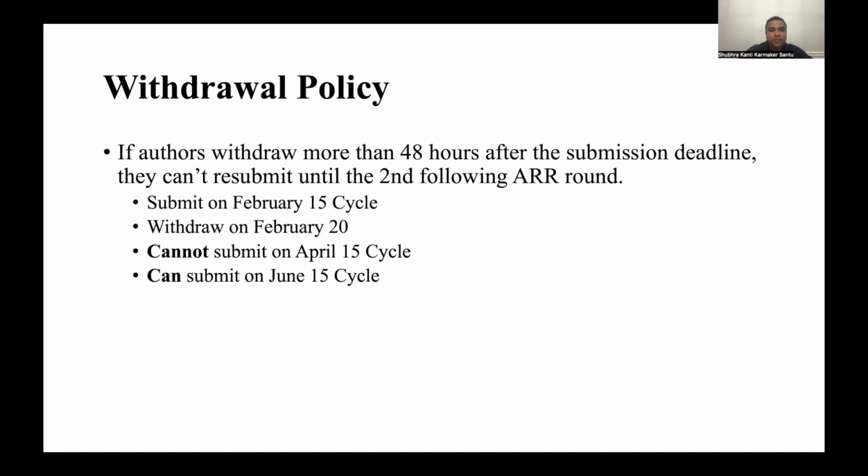So here is an example. You submit to the February 15 cycle, you withdraw on February 20, which is obviously after 48 hours of the submission deadline, then you cannot resubmit your paper on the April 15 cycle. You have to wait till the June 15 cycle, when you can actually submit.